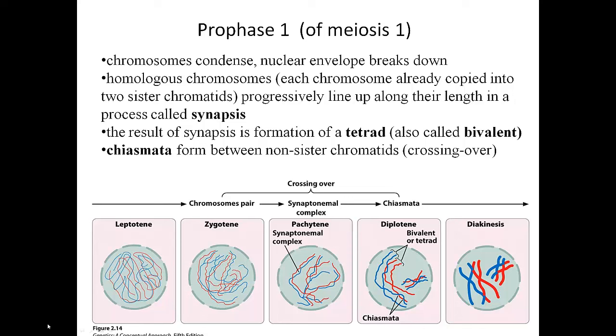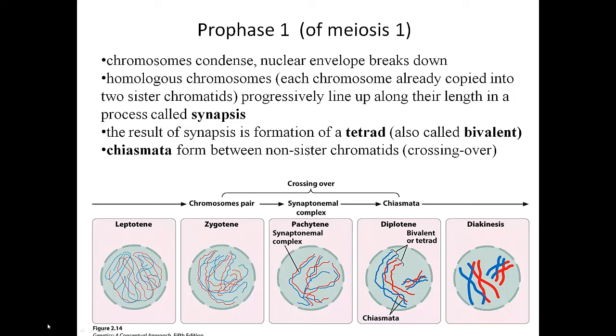So some of the things are common to the prophase in mitosis that you already learned about. The nuclear envelope breaks down, the chromosomes condense. The other thing that starts happening is that the homologous chromosomes progressively line up with each other. Now again, remember, those chromosomes are already in sister chromatid form.